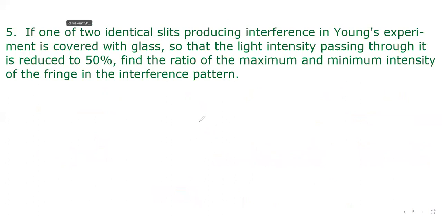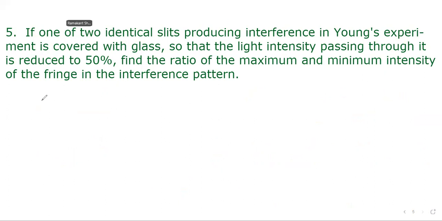Now let's see another question. If one of two identical slits producing interference in Young's double slit experiment is covered with glass so that the light intensity passing through it is reduced to 50%, find the ratio of the maximum and minimum intensity of the fringe in the interference pattern.